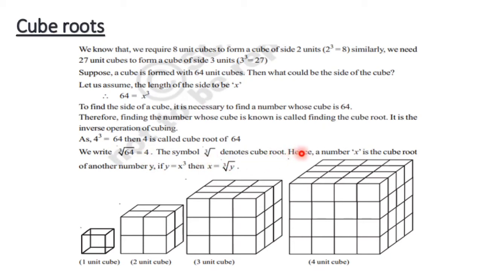Hence, a number x is the cube root of another number y if y is equal to x cube. Then x is equal to cube root of y.